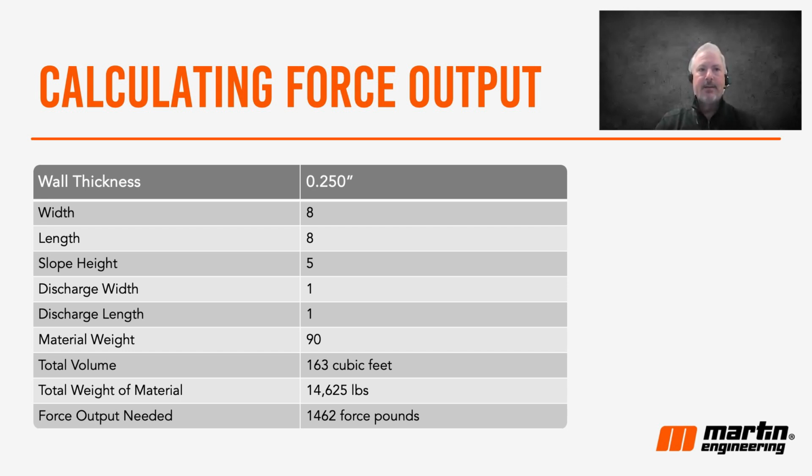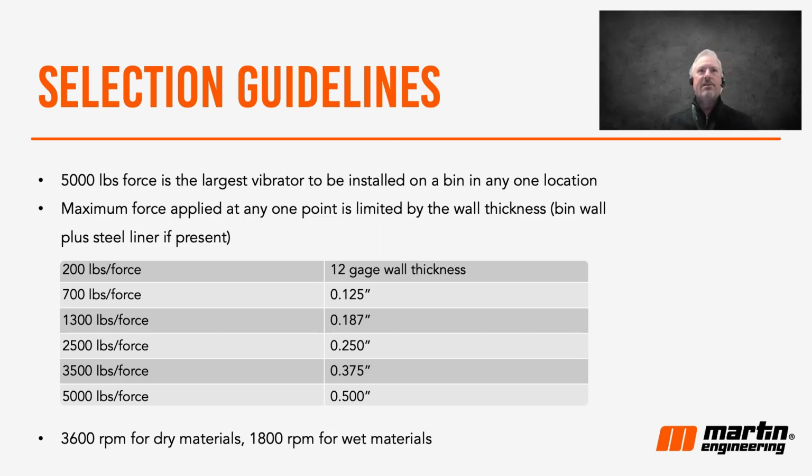Dividing that by 10, our force output needed tells us around 1,460 force pounds is what we would recommend for that application. Here's some of the selection guidelines that we look at though. In that case, we needed 1,460 force pounds. So we're good here on the 5,000 pound max that we would ever recommend to put on one area of any bin or location.